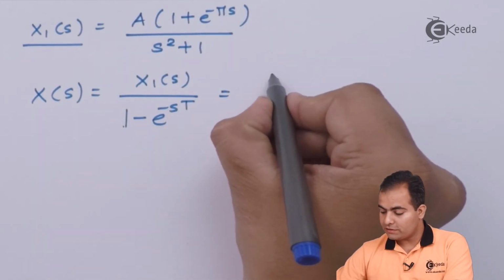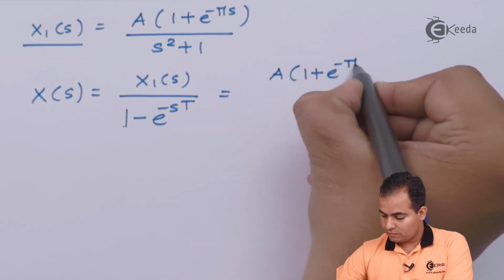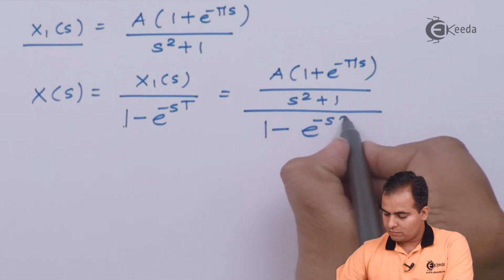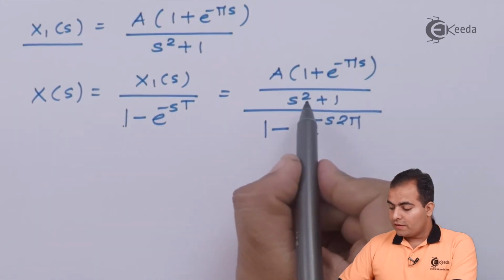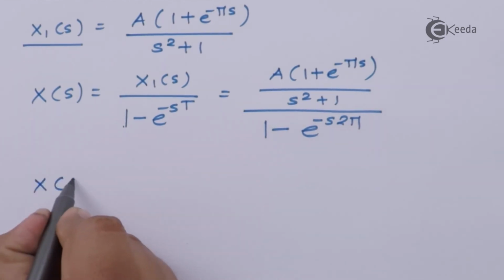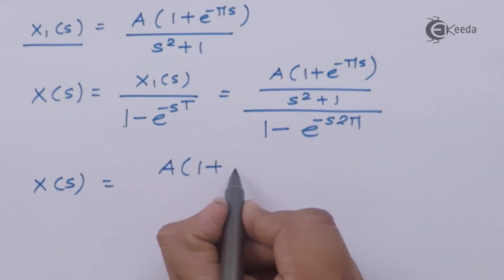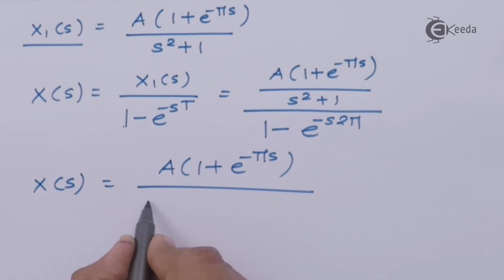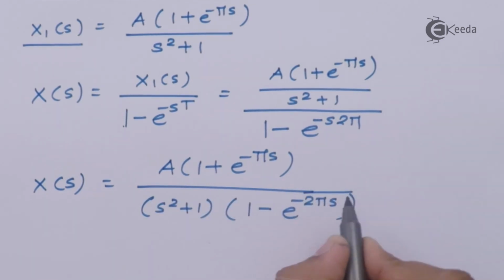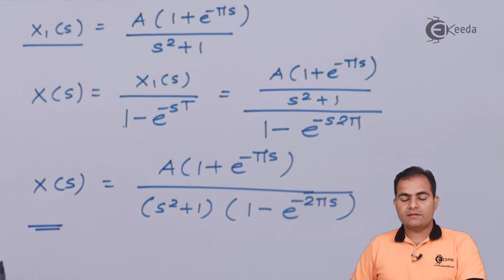So my solution is, now you can take this s square plus 1 in the denominator. And this is our result.